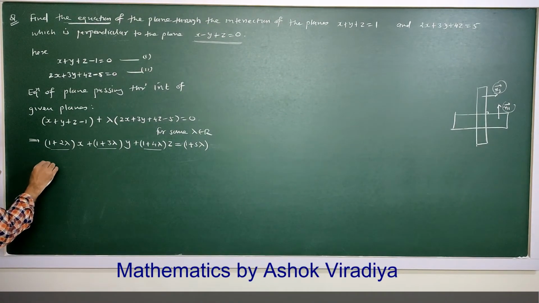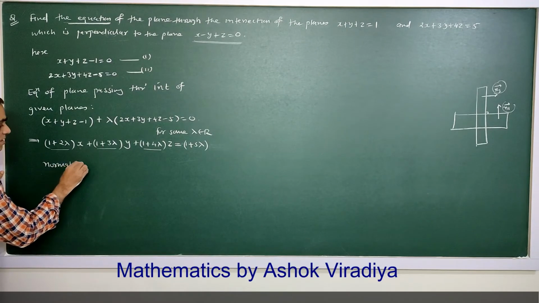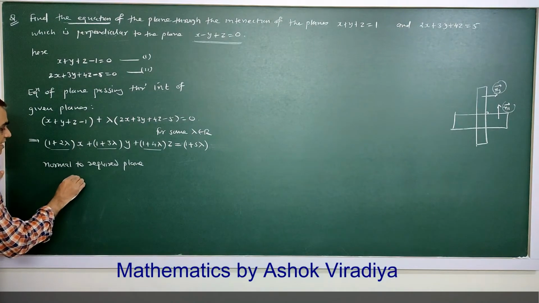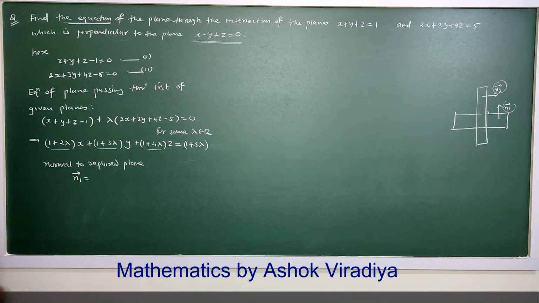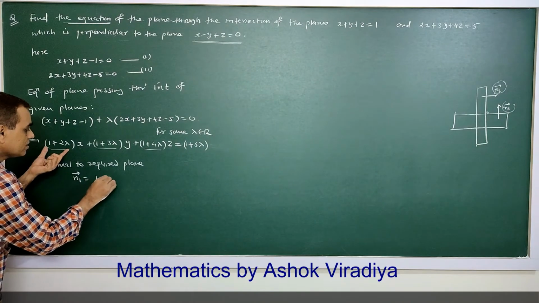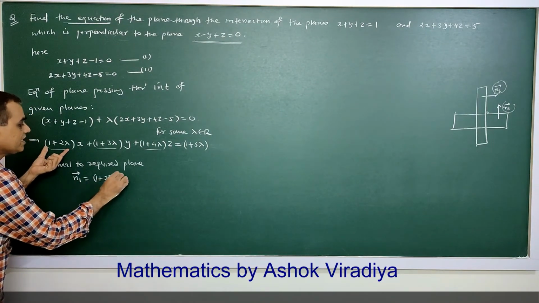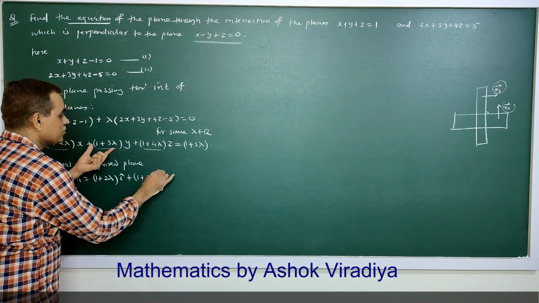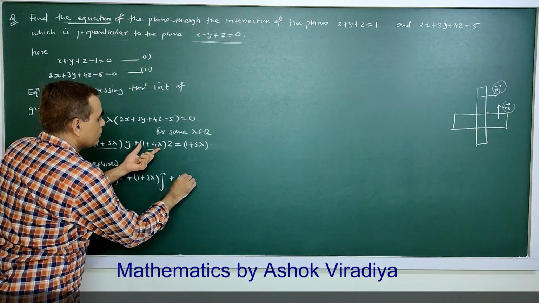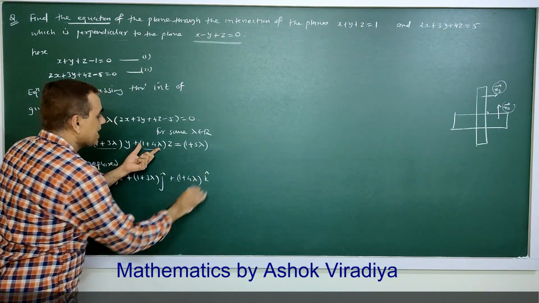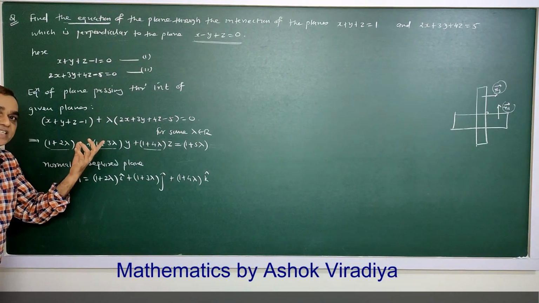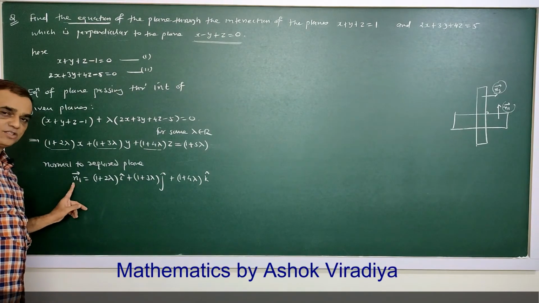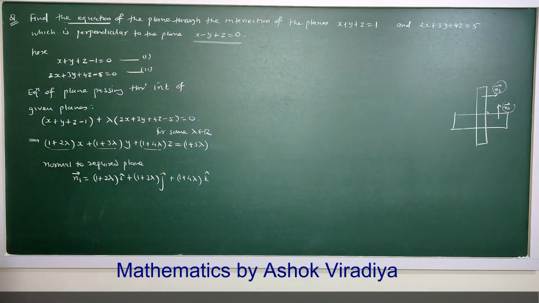So here the normal to the required plane, we say it is n1. Vector n1 is 1 plus 2 lambda times i plus 1 plus 3 lambda times j plus 1 plus 4 lambda times k. These coefficients of x, y, z are the direction ratios of the normal, so this will be the normal vector.